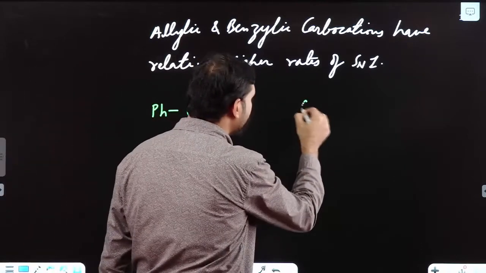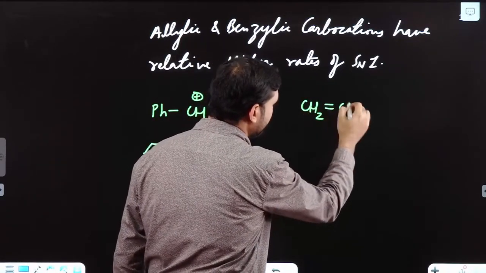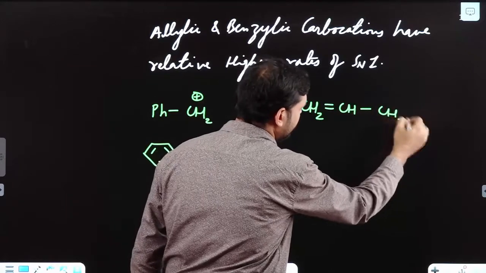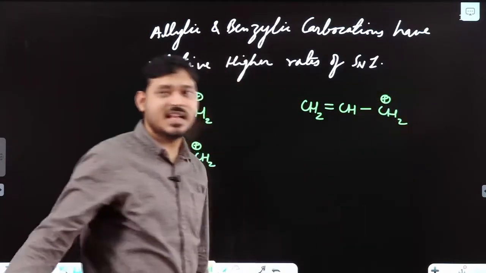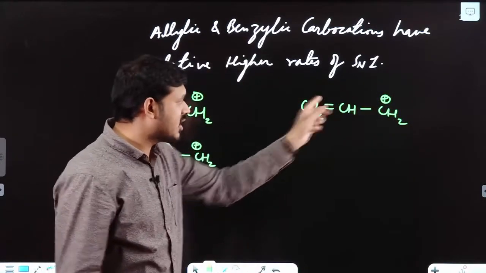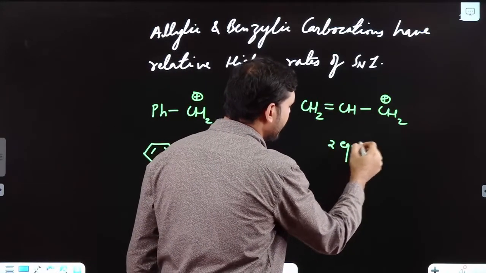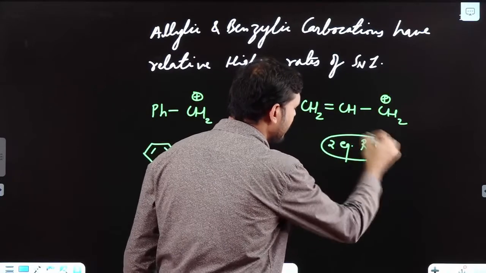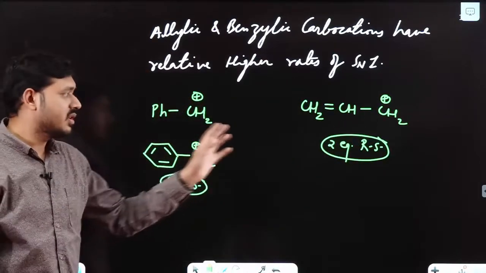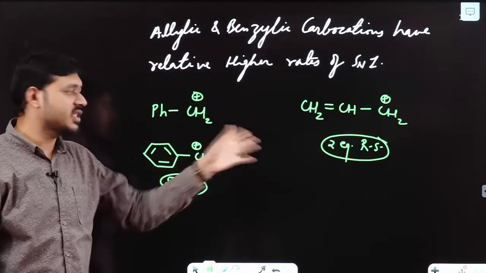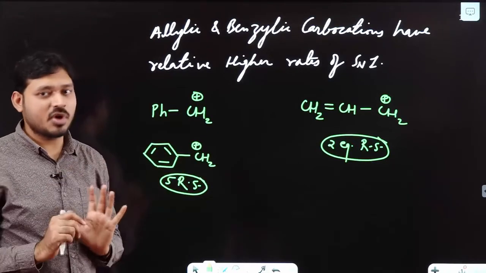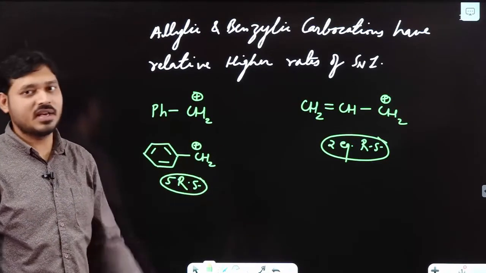When I say allylic, this is allylic carbocation. Okay, so this is also resonance stabilized. You can see it is having 2 equivalent resonating structures. Okay, so due to these reasons, these two are highly stable carbocations and they have relatively higher rates of SN1.